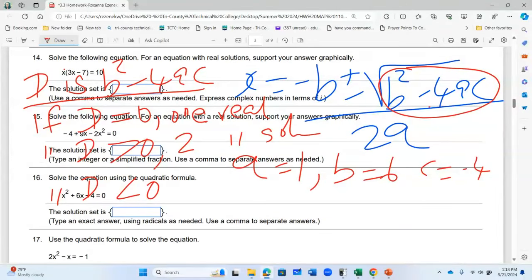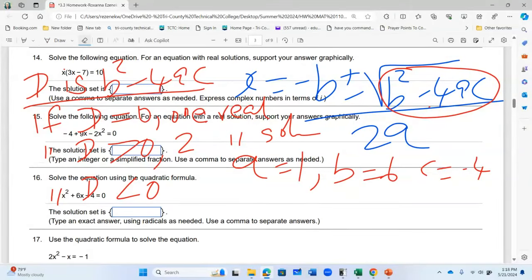You do not say no solution. You find the imaginary solutions. So to make it simpler, let's find the value of D in number 16, because if I know how to find D, I know how to solve almost all quadratic equations.